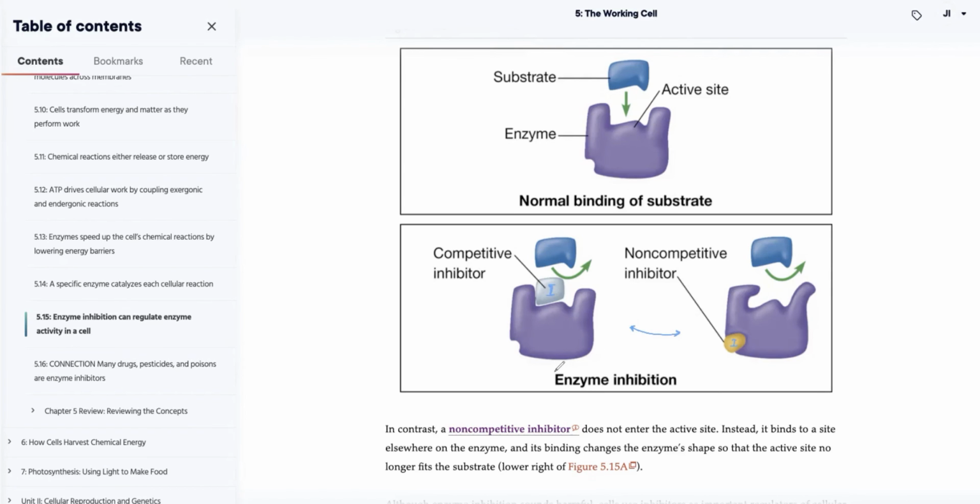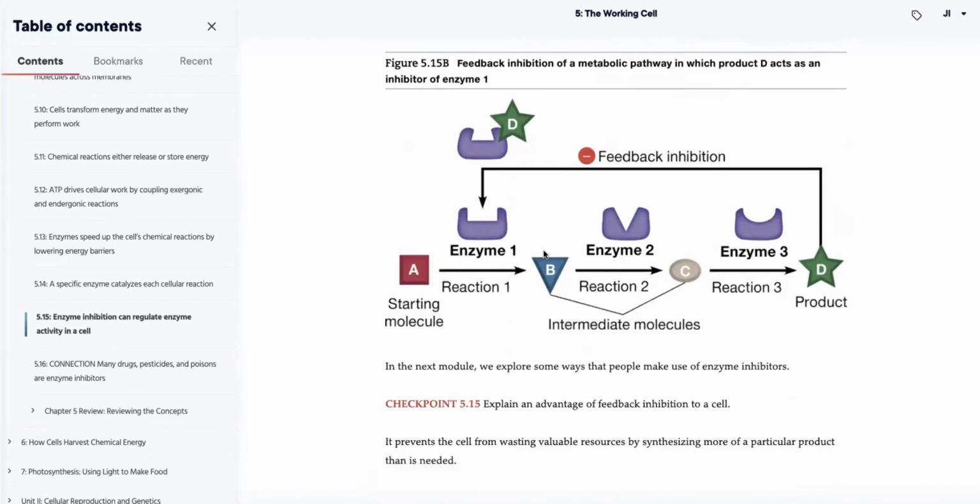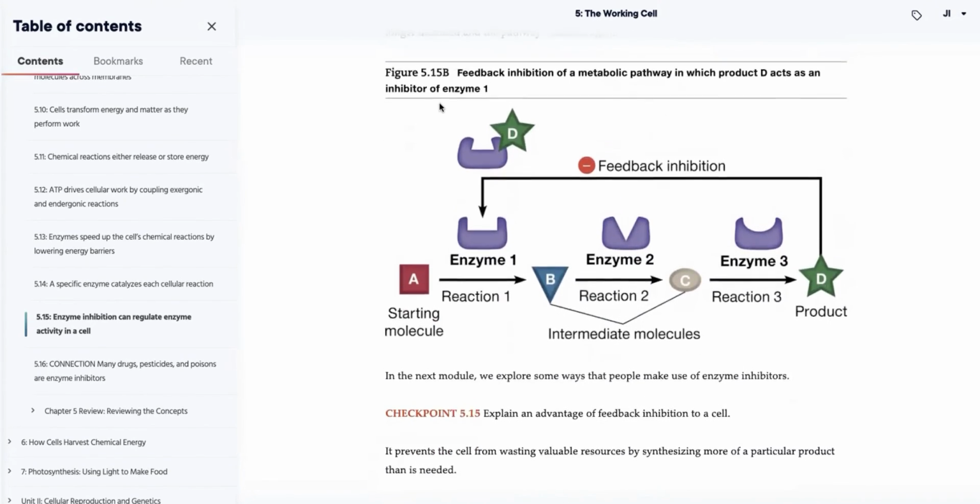Right now, what I want to say is, irrespective of the mechanism of inhibition, enzyme inhibition actually is a pretty important concept because, if for no other reason, you might be interested to understand, at least in a very general way, how pharmaceuticals work. I think it's actually in the next part of the chapter. So this is another interesting point.